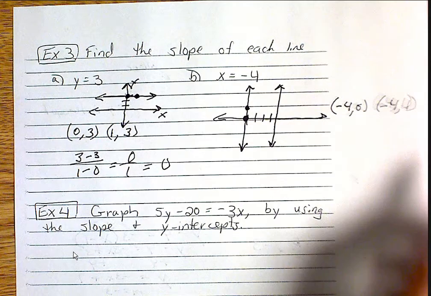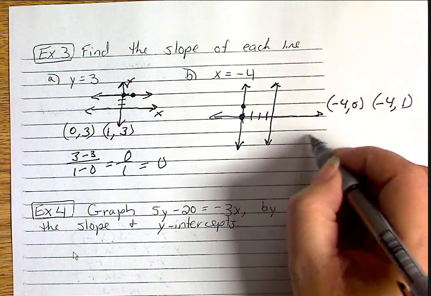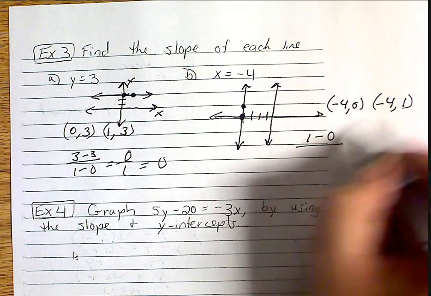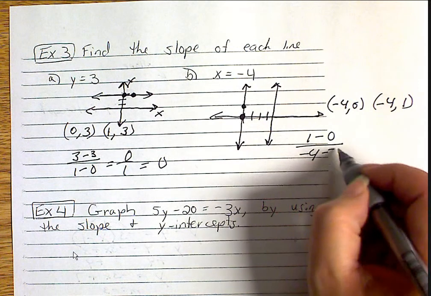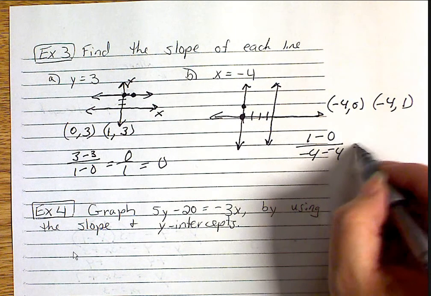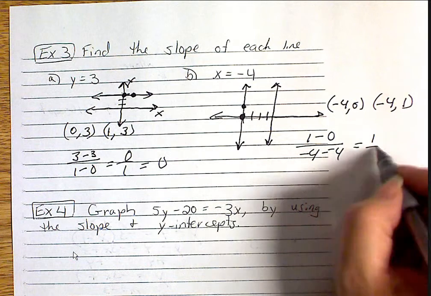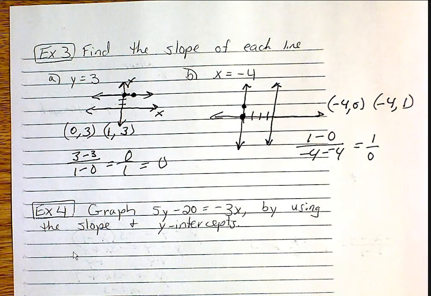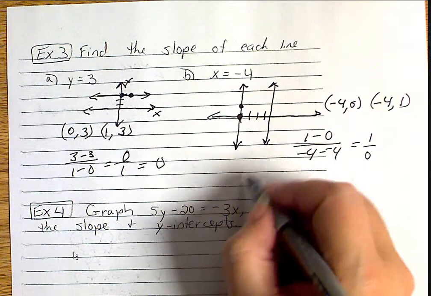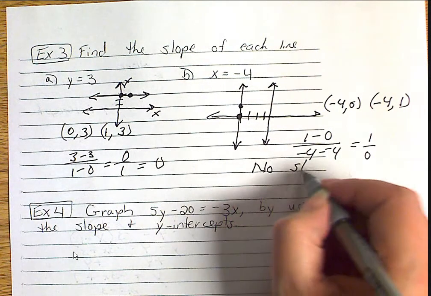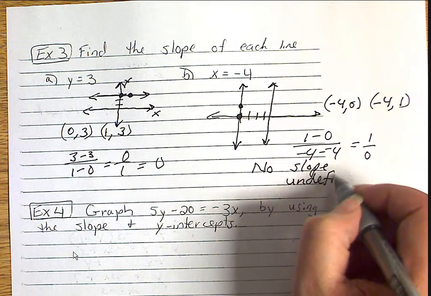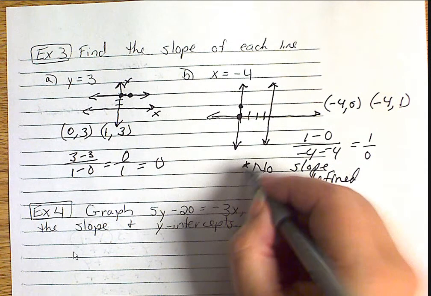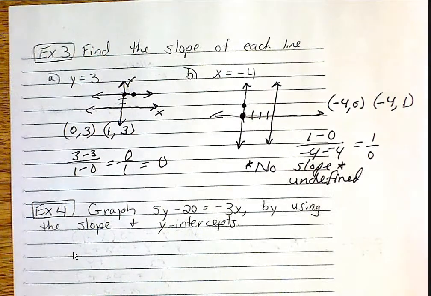So I have 1 minus 0 over my x's. So I have -4 minus a -4. So I have 1 over 0. Can we have 0 on the bottom? No. So they call this either no slope or undefined. And your book probably calls it no slope, but either one, no slope or undefined, will work for me.